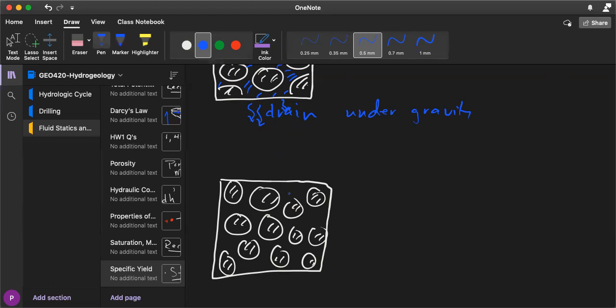So after we drain this puppy, especially the smaller pores and the smaller pore throats, they're definitely going to still have water in them.